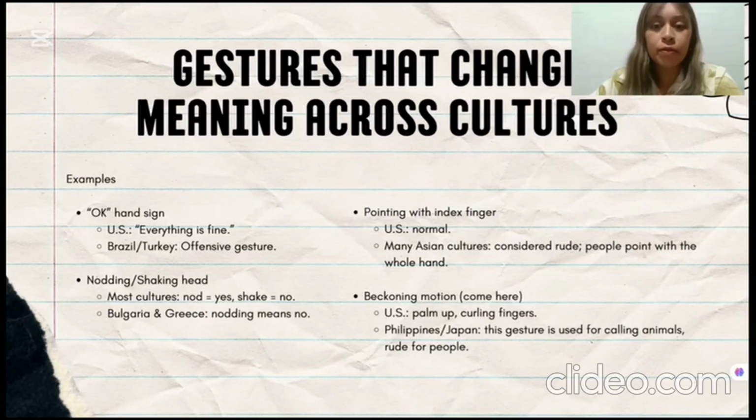Here are some examples. The first one is the okay hand sign, which is positive in the US but offensive in Brazil.